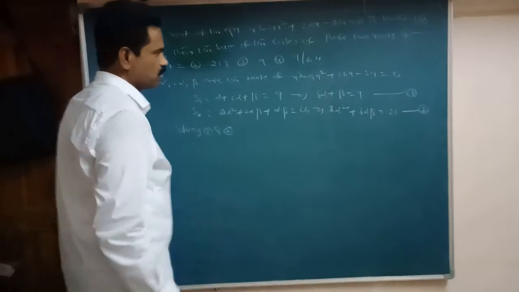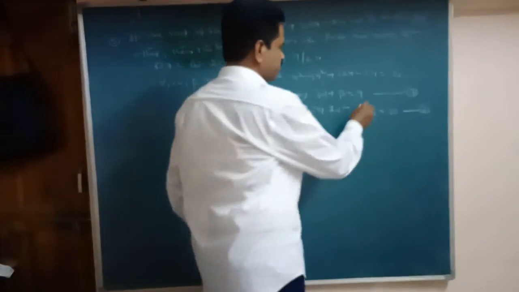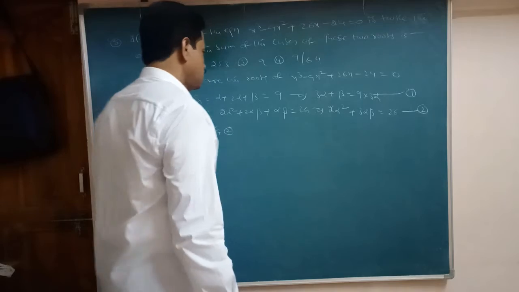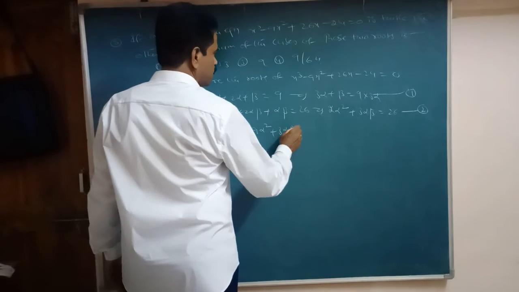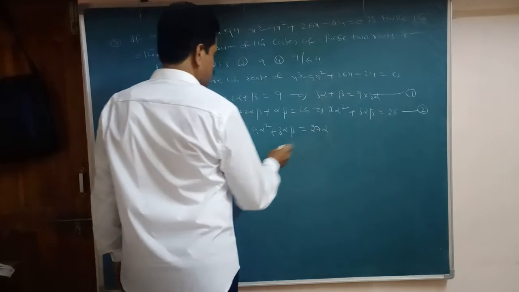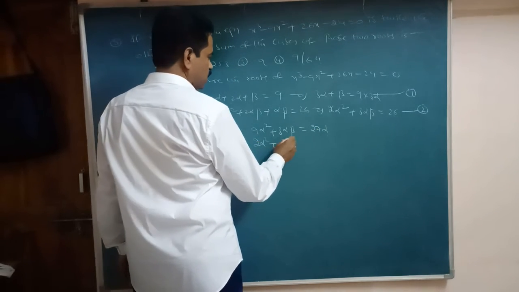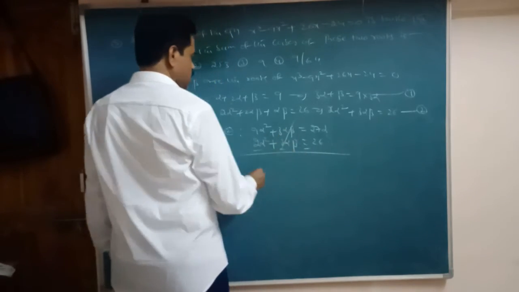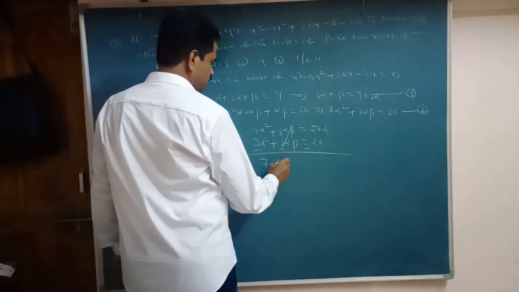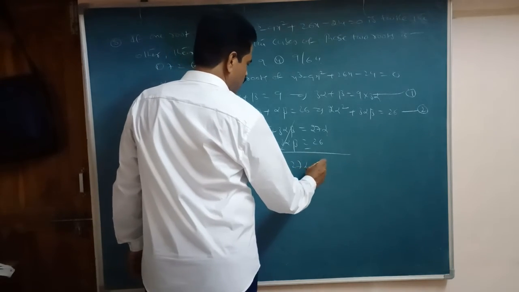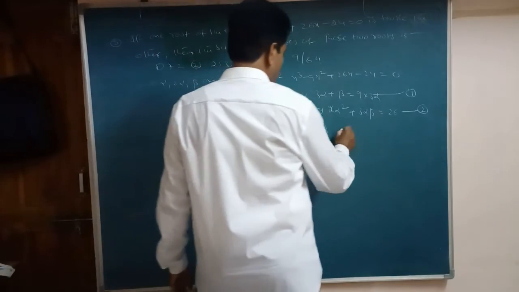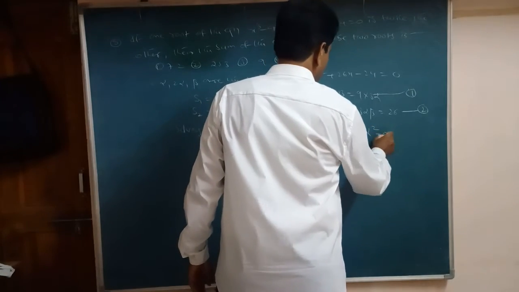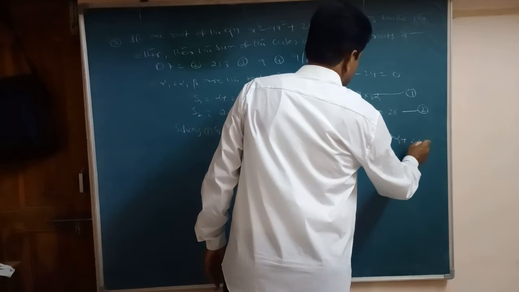Now solving. So here beta is there. First equation multiply by 3 alpha: 9 alpha square plus 3 alpha beta equals 27 alpha. And 2 alpha square plus 3 alpha beta equal to 26. Now subtracting, 7 alpha square equal to 27 alpha minus 26. So that implies 7 alpha square minus 27 alpha plus 26 equal 0.